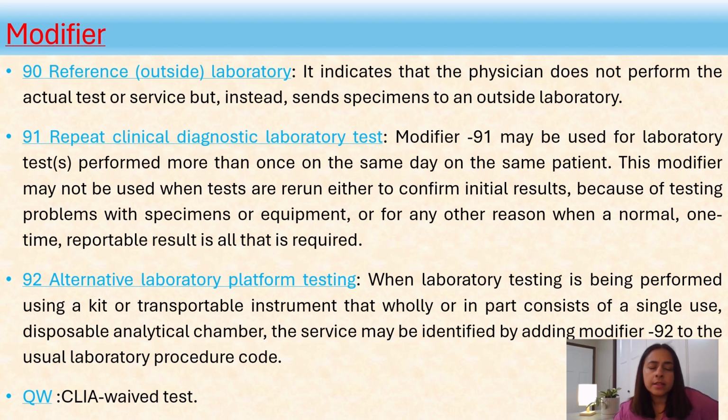So in this testing, when the modifier is used, the test doesn't require permanent space. It can be handheld and carried to the patient for immediate testing. QW is the CLIA waived test.